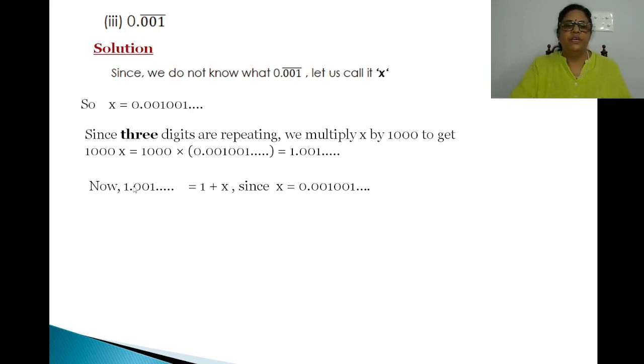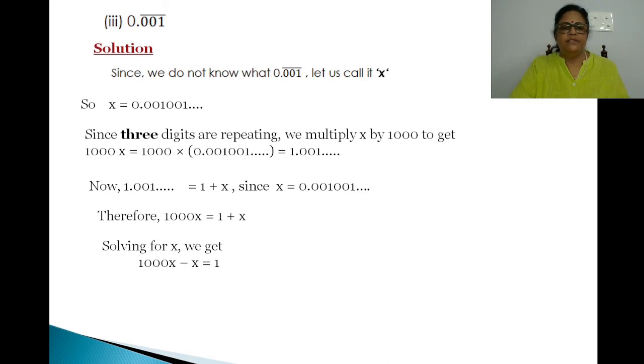So 1.001 is equal to 1 plus x, since x is 0.001, 001, etc. Therefore, what is 1000x? 1000x is 1.001, so 1000x is 1 plus x. Now we will solve for x.